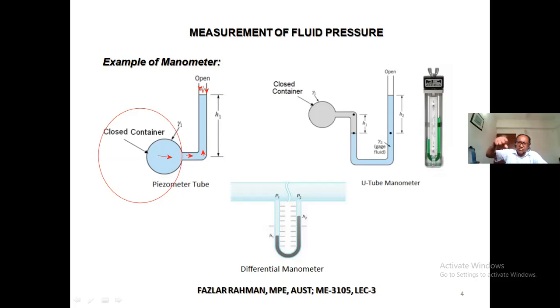It will push the liquid completely down. But this pressure is not that high. So it tries to push the liquid upward. So from this height, you can figure out the pressure. What will be the magnitude? The pressure inside the tank will be rho G H1, the height of the column.